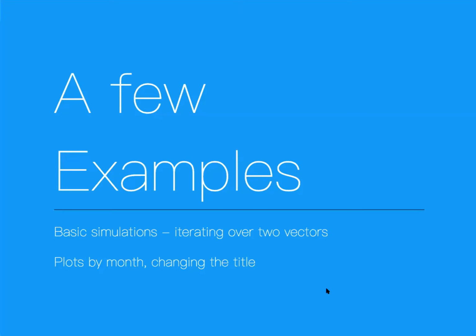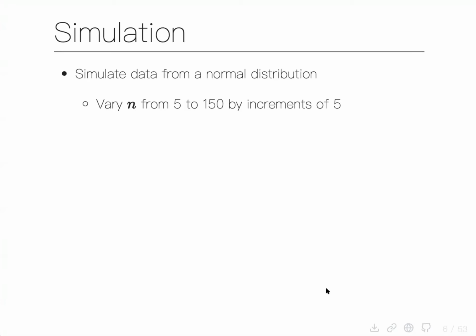Okay, so we're going to do a few examples. We're going to go back to that simulation example that I had, but now we're going to make it a little more complicated. So we're iterating over two vectors. We'll also do some plots where we're plotting across two things. We're going to simulate data from a normal distribution again.